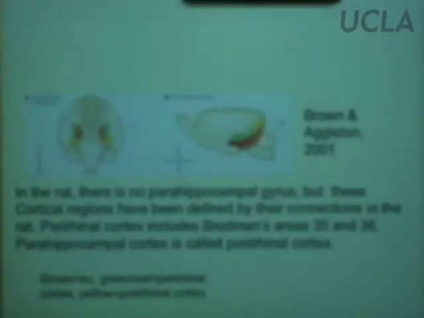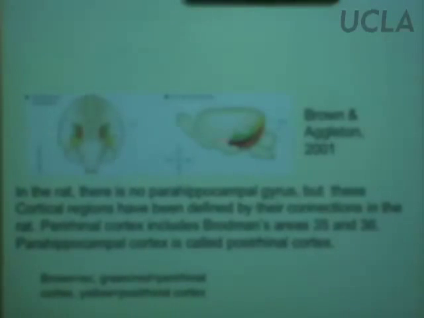So here in orange is the entorhinal cortex, and this yellow is like the primate parahippocampal cortex, and this green and red are areas that are kind of analogous to the primate perirhinal cortex.